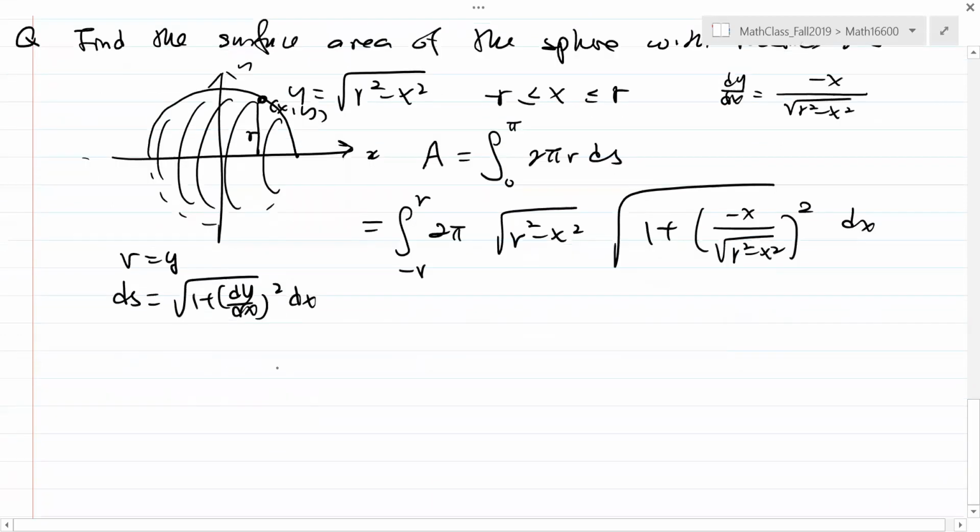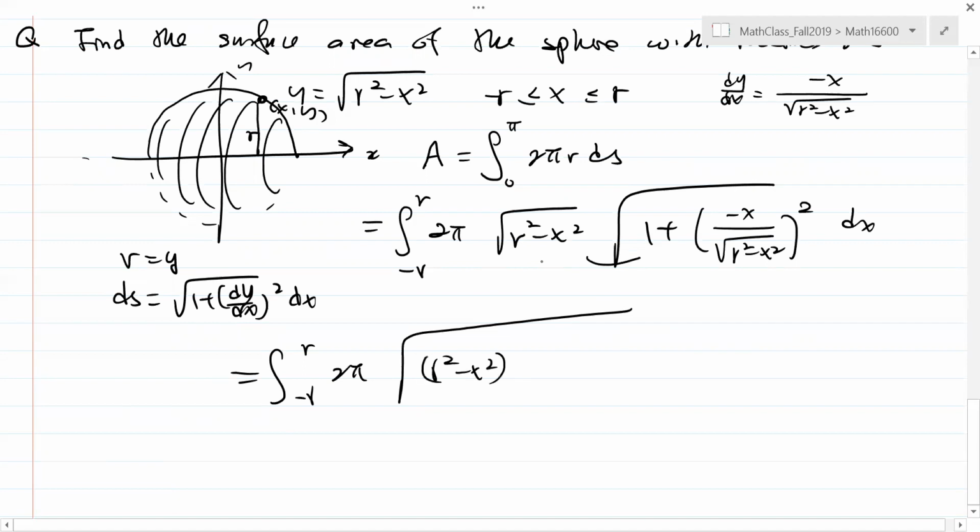You combine those two, so you get r squared minus x squared plus x squared, and the denominator cancels.